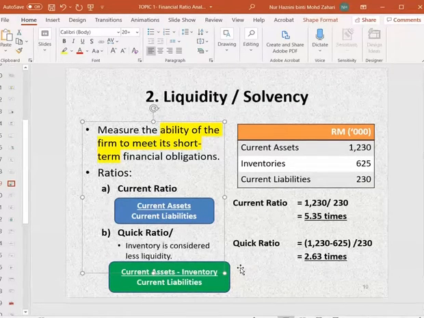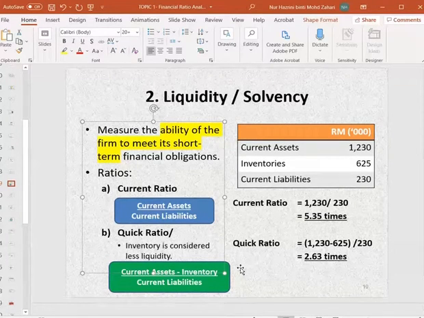Under current asset, you will have cash, bank, prepaid expenses, inventory, and account receivable. Of all of those things, inventory is not liquid. Not liquid means it cannot be converted into cash very quickly, in case you have to go under bankruptcy.